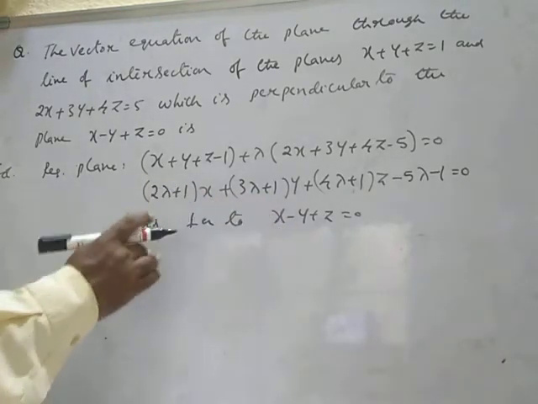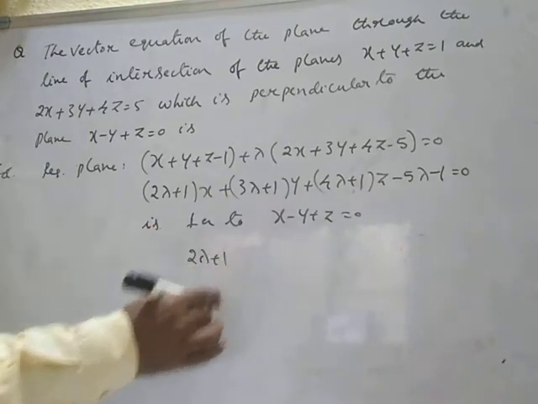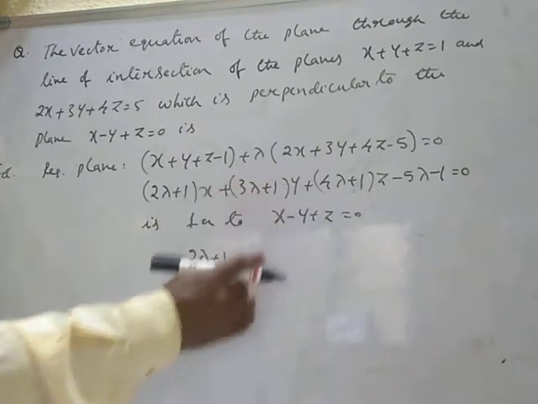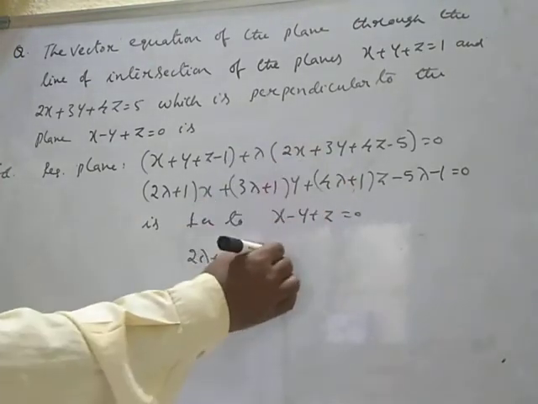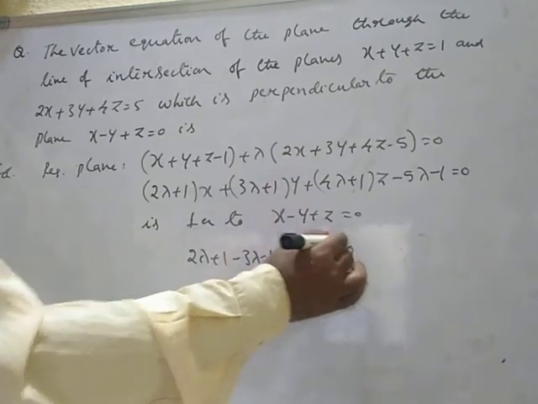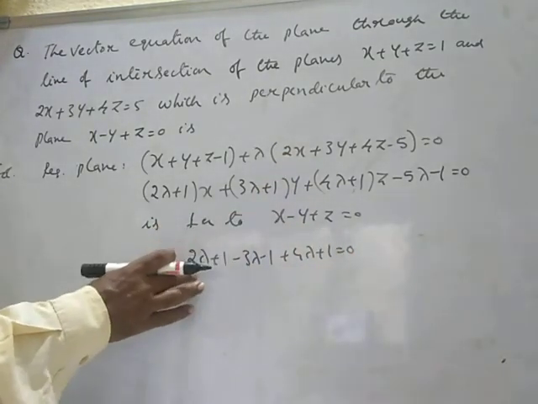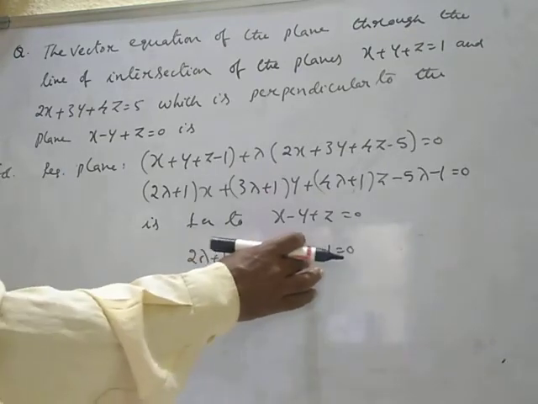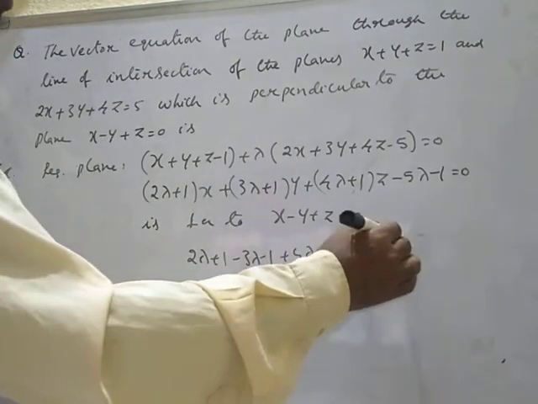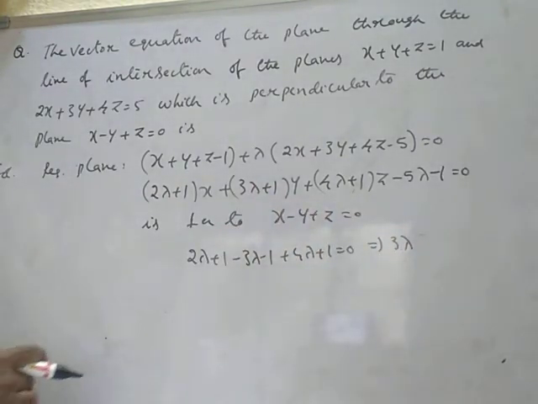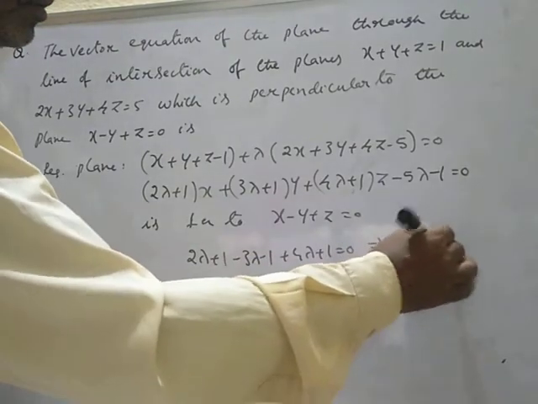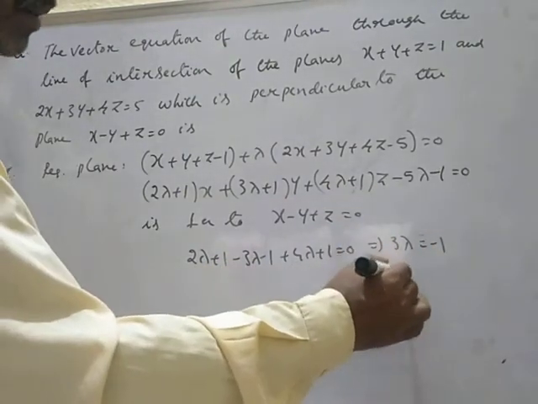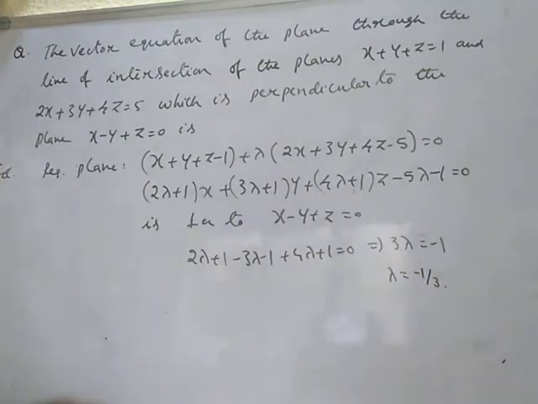Means 1 into 2 lambda plus 1 is 2 lambda plus 1, minus 1 into 3 lambda plus 1 is minus 3 lambda minus 1, 1 into 4 lambda plus 1 is 4 lambda plus 1, equal to 0. 2 lambda minus 3 lambda plus 4 lambda is 3 lambda, plus 1 minus 1 cancels, plus 1, that is equal to 0. Finally we get lambda is equal to minus 1 by 3.